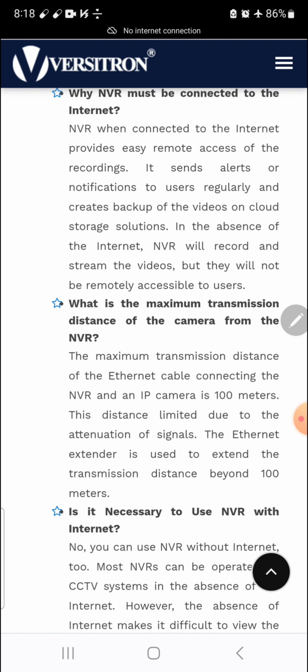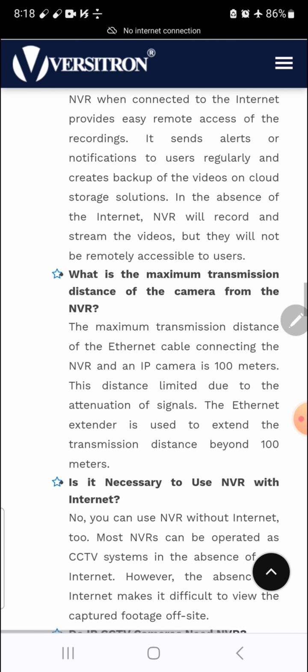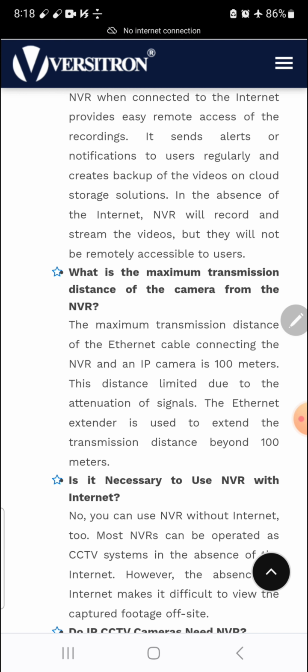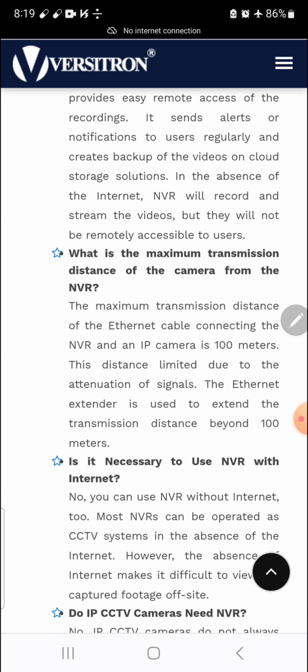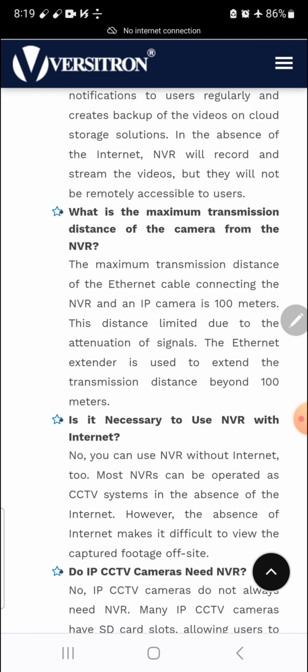It sends alerts and notifications to users regularly and creates backups of the videos on cloud storage solutions. In the absence of the internet, the NVR will record and stream the videos, but they will not be remotely accessible to users.